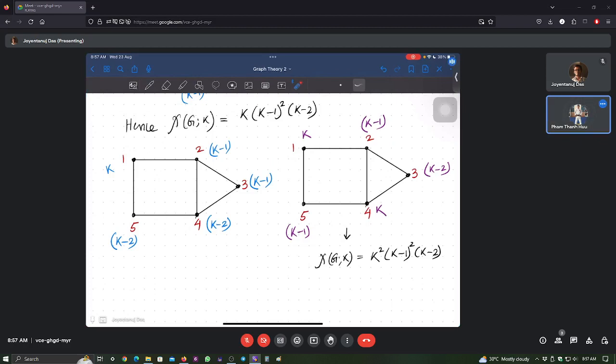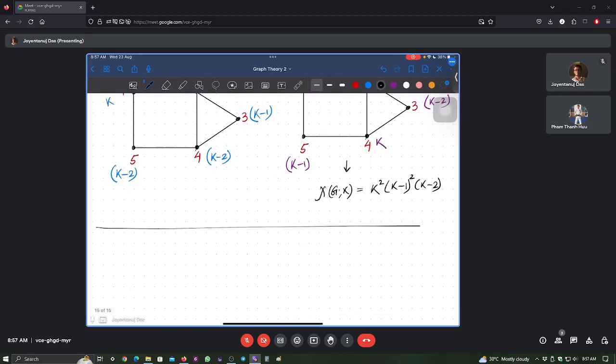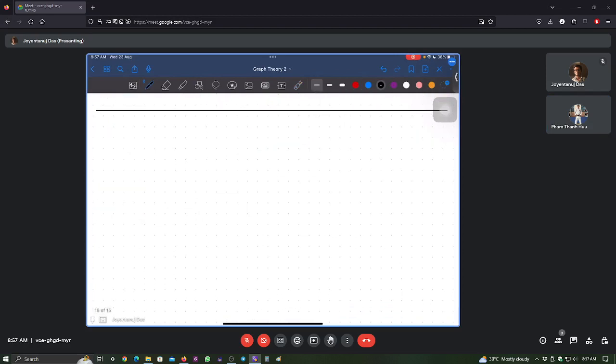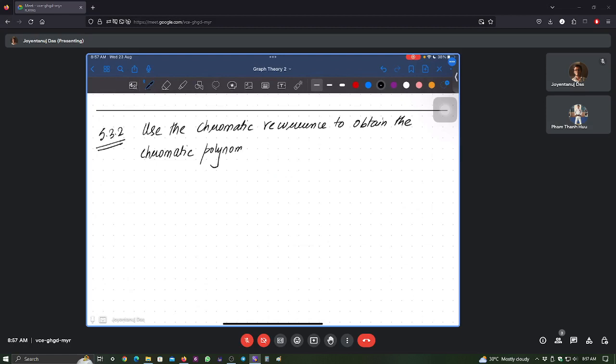So now the next one is saying: use the chromatic recurrence to obtain the chromatic polynomial of every tree with n vertices.